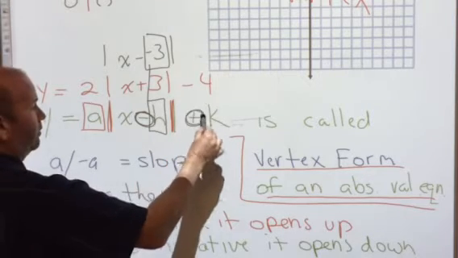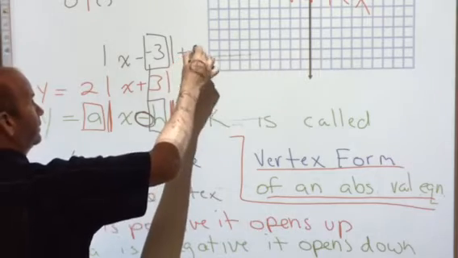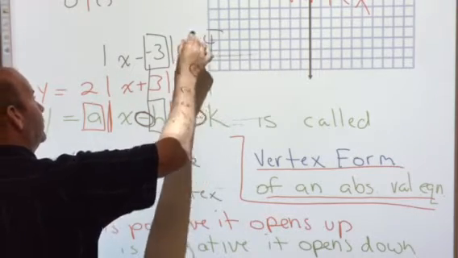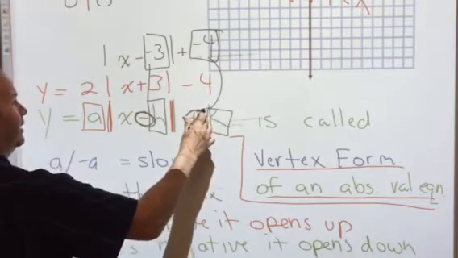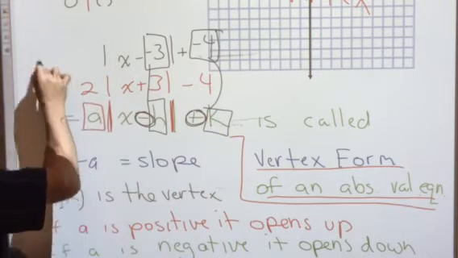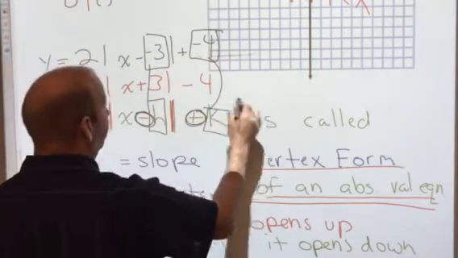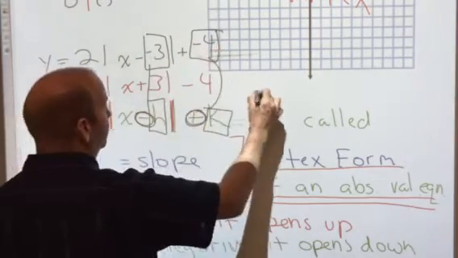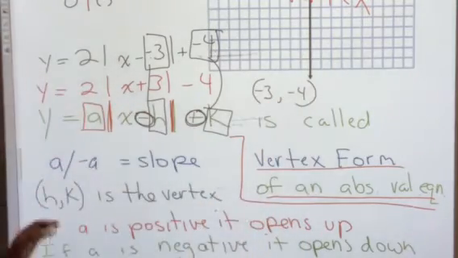This is supposed to be a plus. What made this a minus? Plus negative 4. So negative 4 is really k. So the vertex of this equation, you can still have the 2 here, would be negative 3, negative 4, and you have to be very careful of that with absolute value.